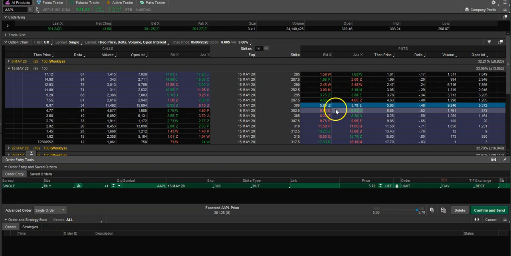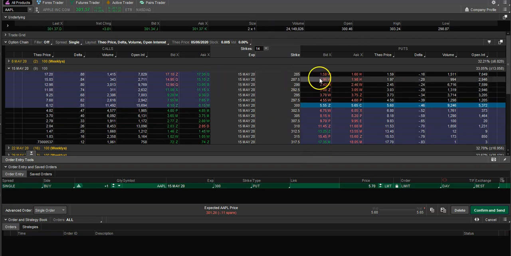Now, when would I ever sell a put? Well, let's say I'm bullish on Apple, and let's say I'm willing to buy it in the next 9 days if Apple pulls back to the 285 level.